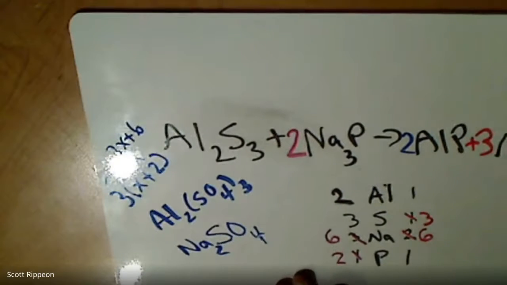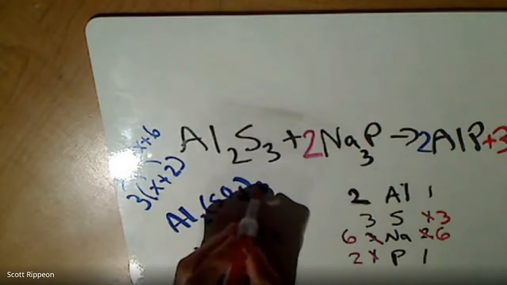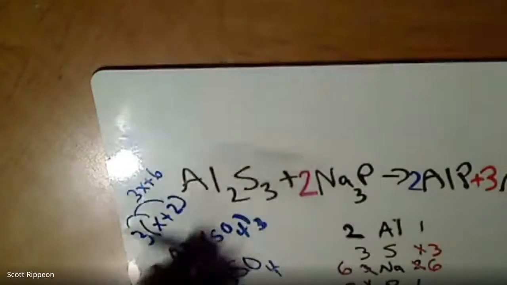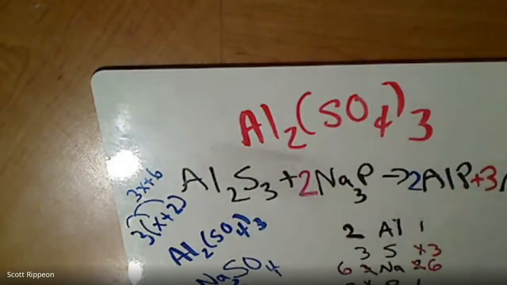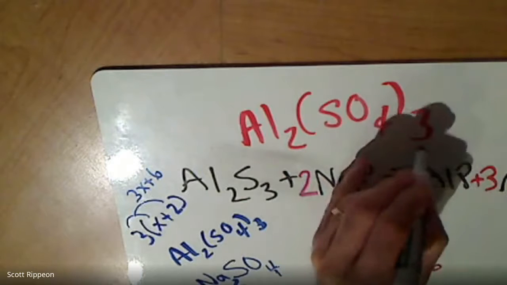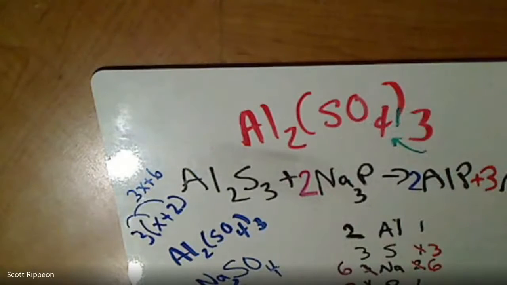Okay? Well, we're going to do the same thing here. Kind of weird. This 3 is outside the parentheses. Let me make this really big so you can see it. Al2(SO4)3. There. That's huge. Now, this 3 is outside the parentheses, so it modifies everything inside the parentheses. So that says that there are 3 of these SO4 things.